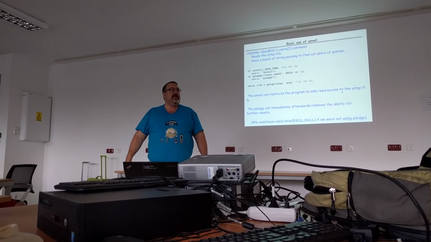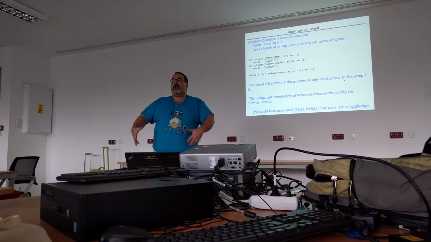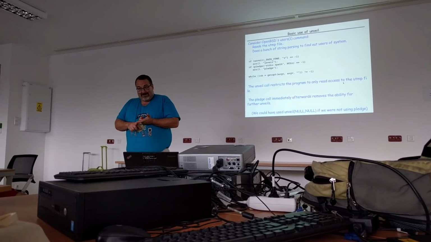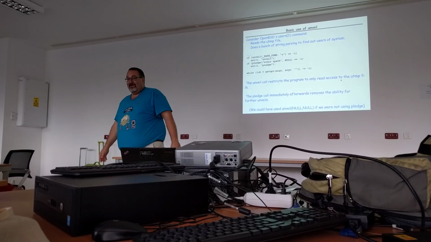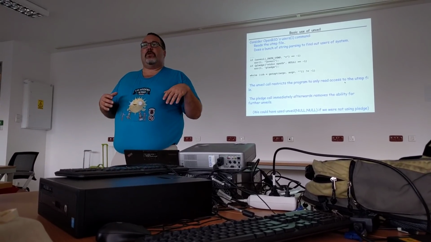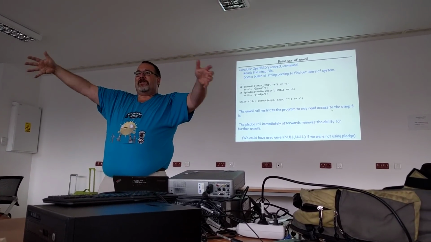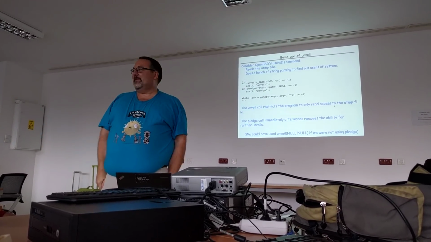I will have a pledge violation, and I'll get shot if I try to call unveil again to open up the file system further. And it is important to stop unveils, because otherwise the program could just call unveil and unveil what it wanted after the fact. So it's a little different than pledge, where you start with a set and only restrict it. With unveil, you keep unrestricting yourself until you say stop. Don't let me unrestrict anymore.